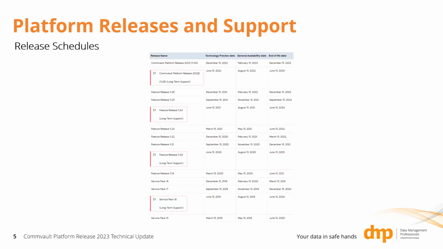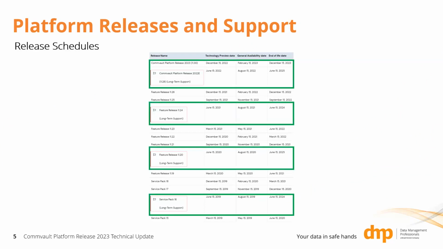This is currently an overview of the releases which are available since, let's say, May 2019. Keep in mind that not all of them are supported anymore. I marked the green ones, so you can see that SP16 is still a long-term support release for 5 years. Commvault changed that in Feature Release 11.24, sorry.